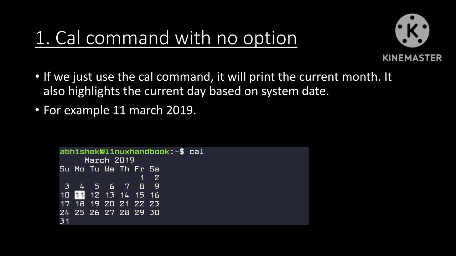Once you press enter, it will display the current month calendar based on the system date, as you see in the screen. So in the screen it will be showing the March month calendar of 2019, and as the system date is marked as 11 March, that will be highlighted.